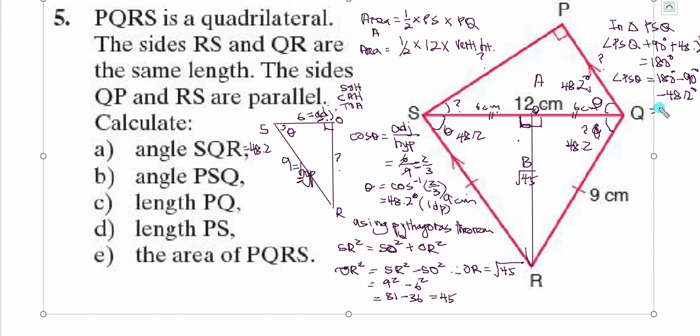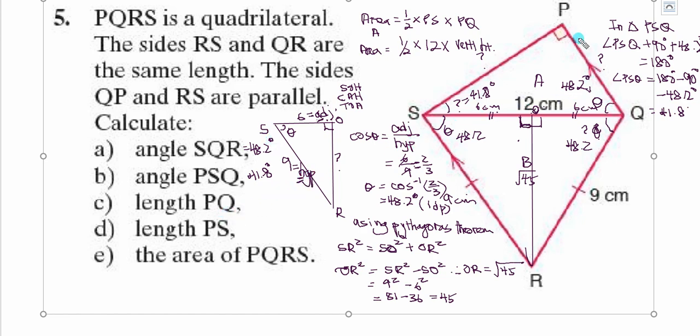That gives you 41.8. So PSQ is 41.8 degree. Remember putting the unit, which is the degree.